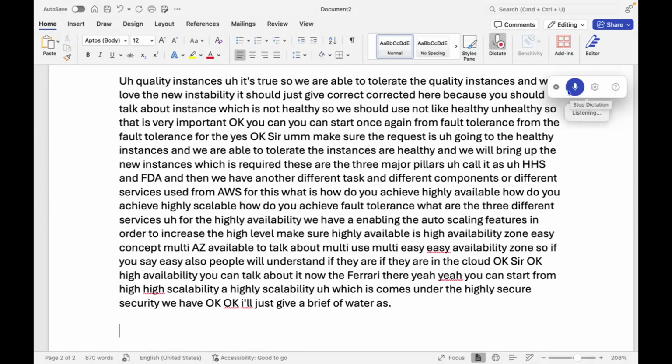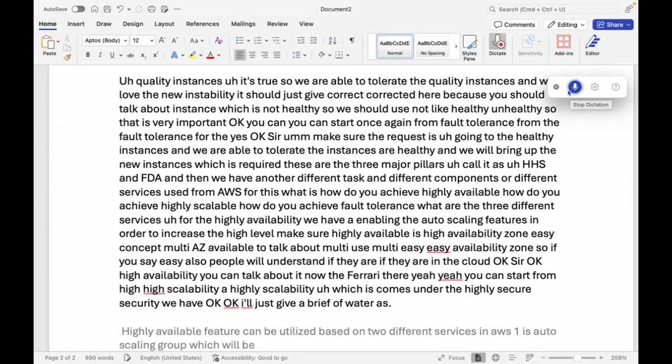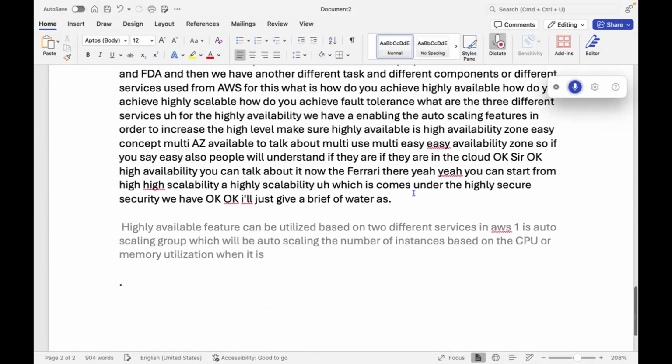So the highly available feature can be utilized based on two different services in AWS. One is the auto-scaling group, which will auto-scale the number of instances based on CPU or memory utilization when it crosses the threshold.